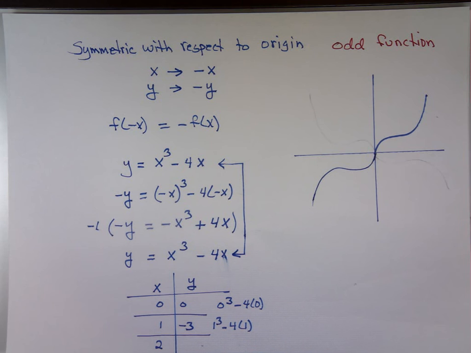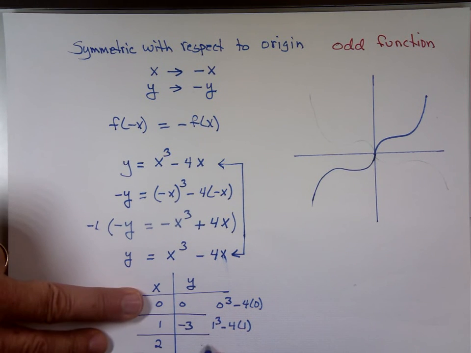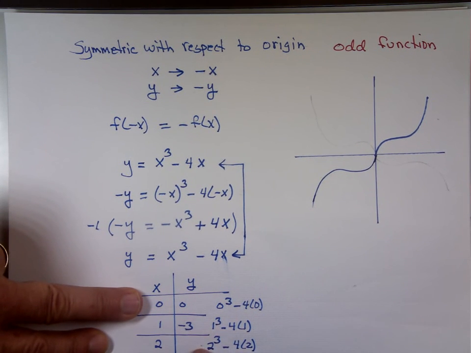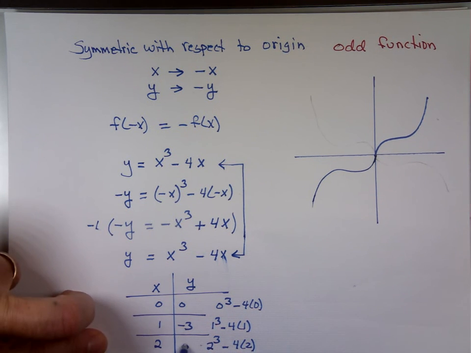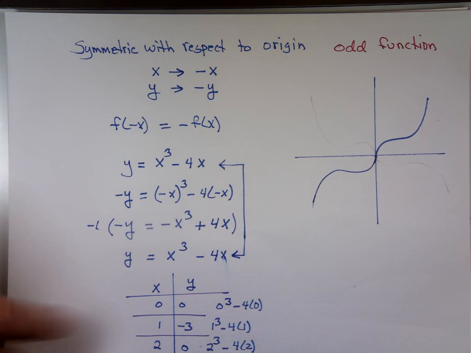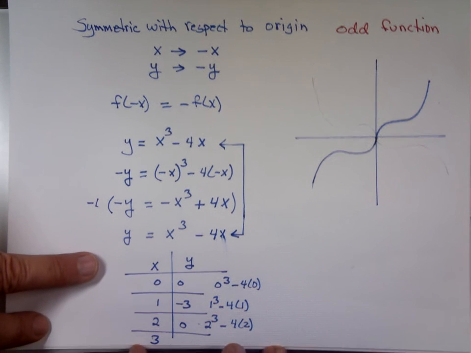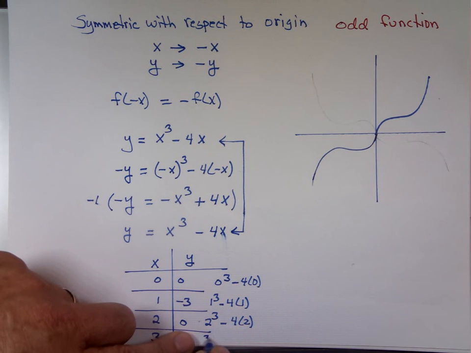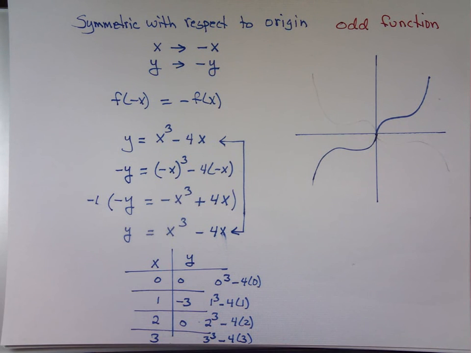When x is 2, what is 2 cubed minus 4 times 2? 2 cubed is 8, that's 8. What's 8 minus 8? 0. When x is 3, what is 3 cubed minus 4 times 3? 3 cubed is 27. 27 minus 12 is what, 15?